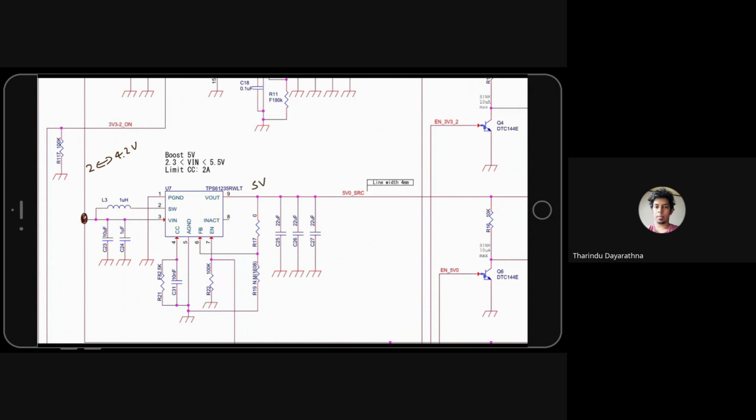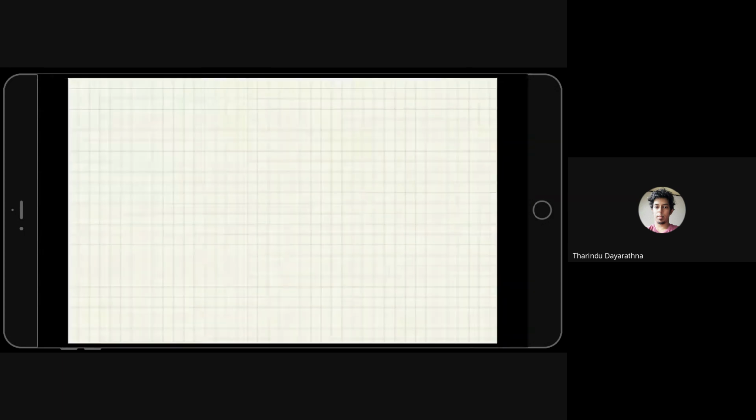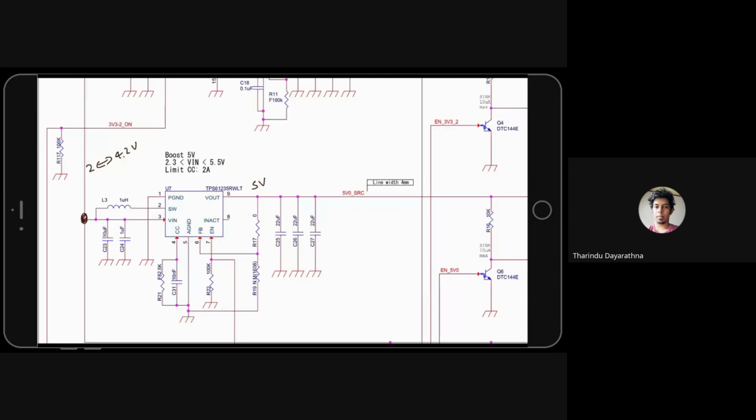But I will suggest something. If you want to change this voltage, the chip number is 61235, as you can see here. I'll draw again.